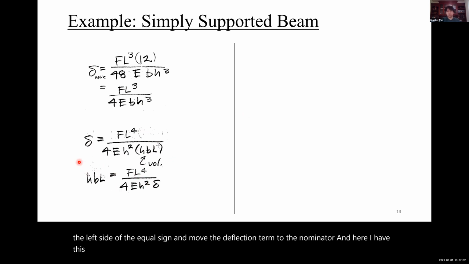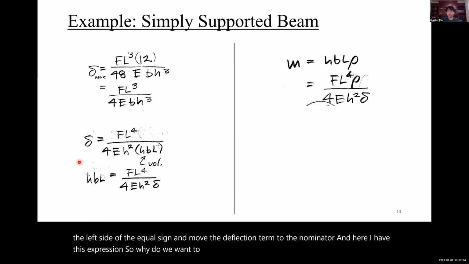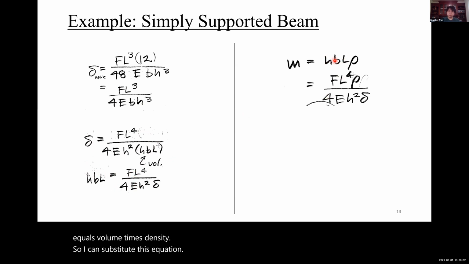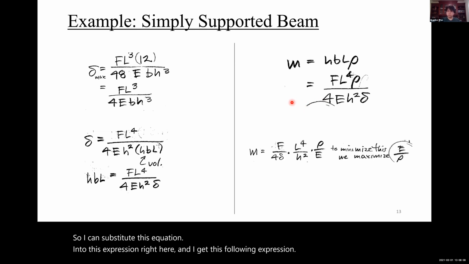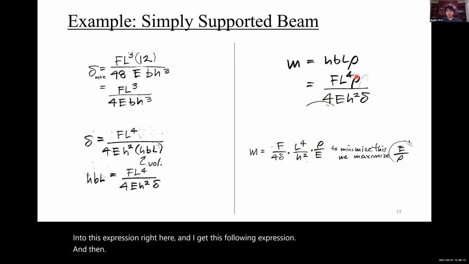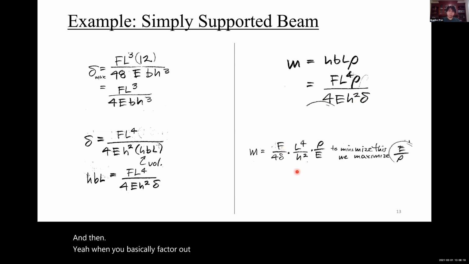So why do we want to use volume? Because volume relates to mass. Mass equals volume times density. So I can substitute this into this expression, and I get the following. Then, when you factor out coefficients, you get this finalized equation right here.